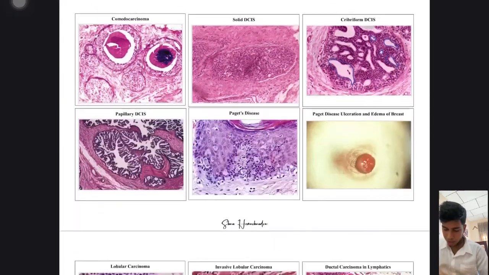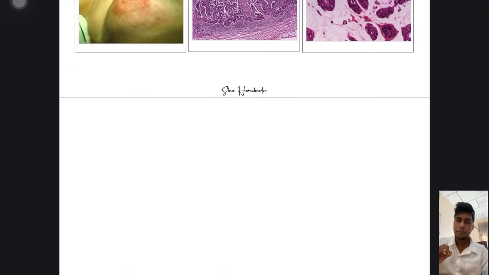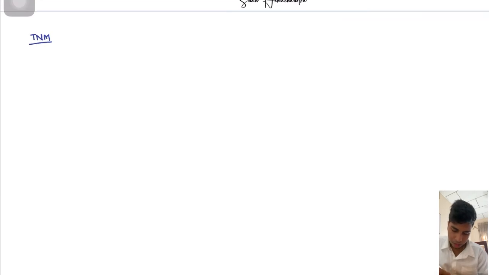Next, before I go into the histopathology, I will talk about the TNM classification of breast carcinomas. First we have the T, that is tumor size, N lymph node involvement, M metastasis.